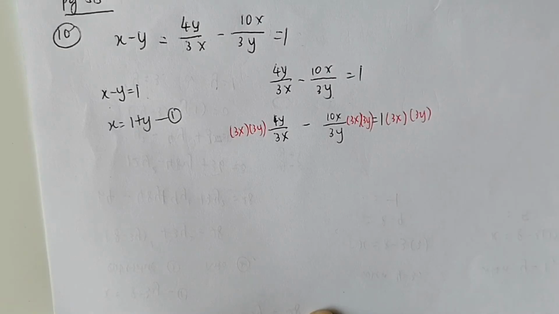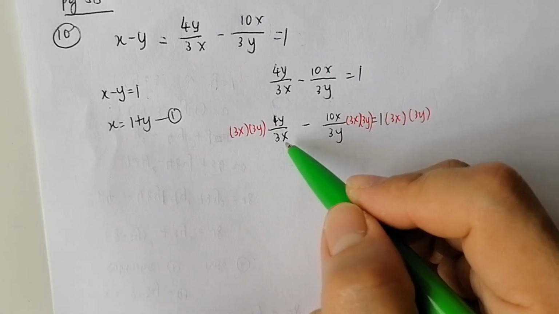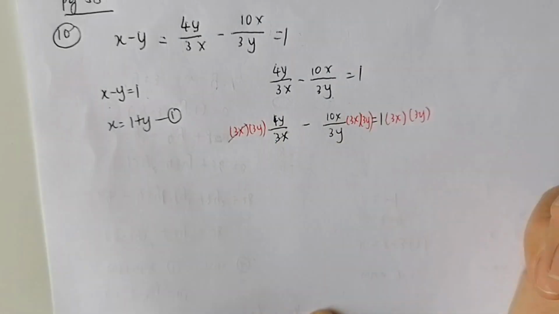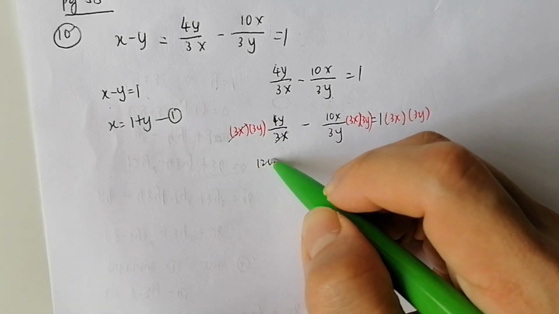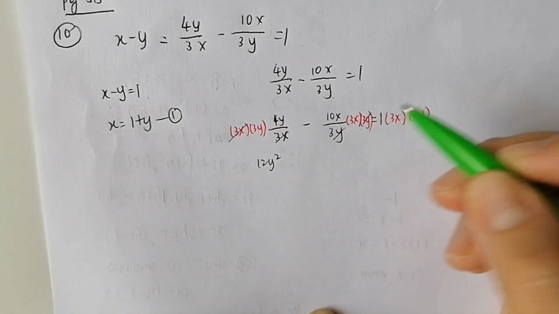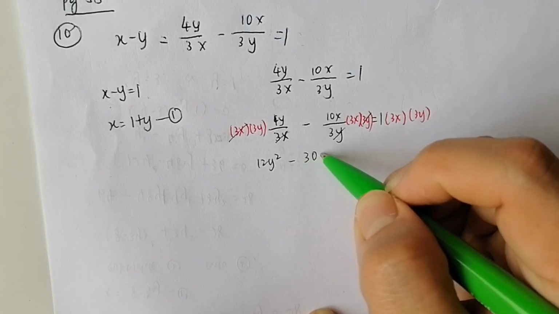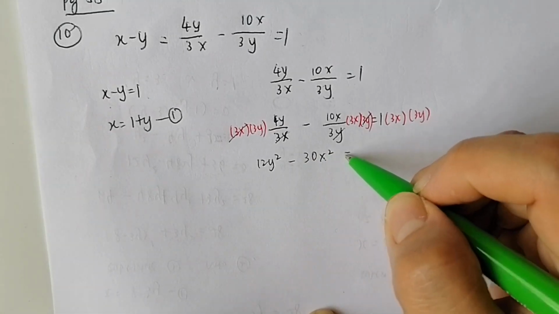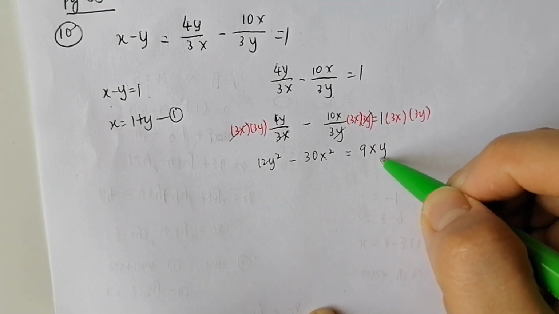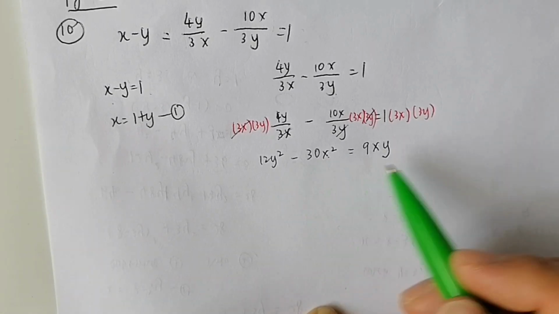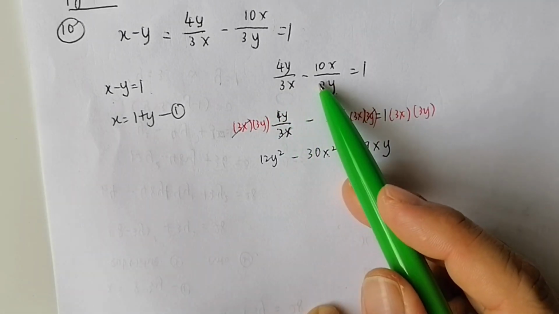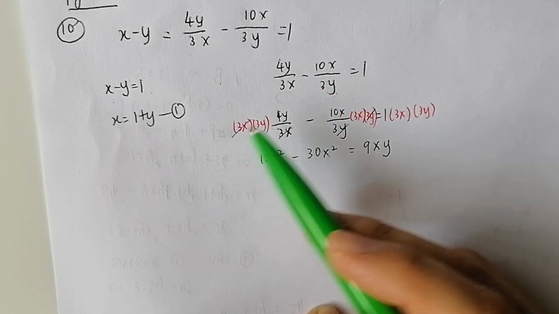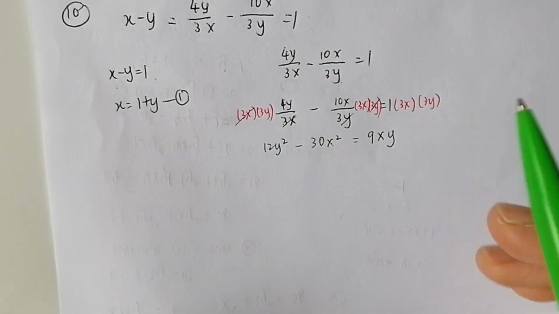So we multiply each of them by 3x and 3y. 3x and 3x cancel off, we are going to have 12y squared. 3y and 3y cancel off, you are going to have negative 30x squared. While here we are going to have 9xy. So this is a very simple way to cancel off the denominator. Whenever you want to cancel off, you just multiply with that term for each of the terms.